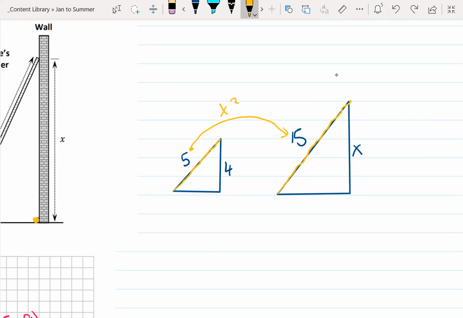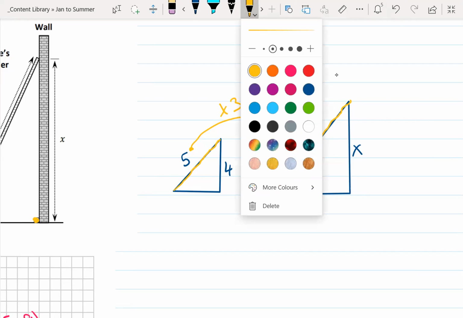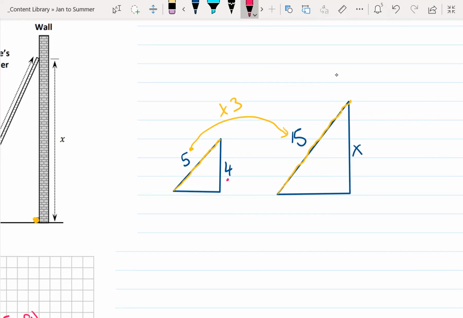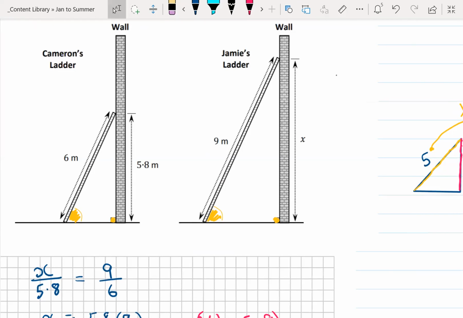Because they're similar triangles, the same applies to this side and its corresponding side. So we multiply the 4 by 3, which gives 12, and that's x. Those numbers are a little bit nicer than these ones over here.